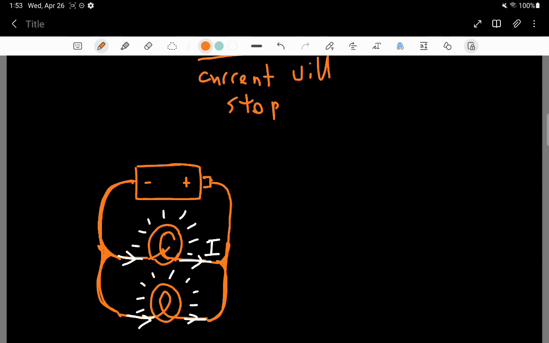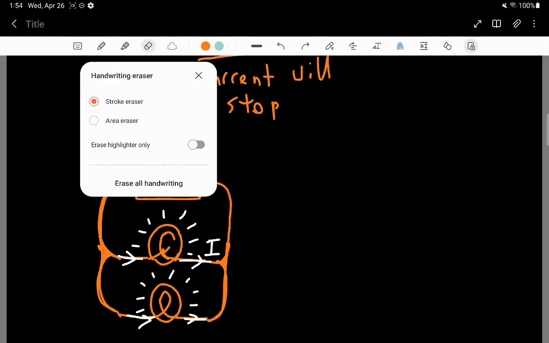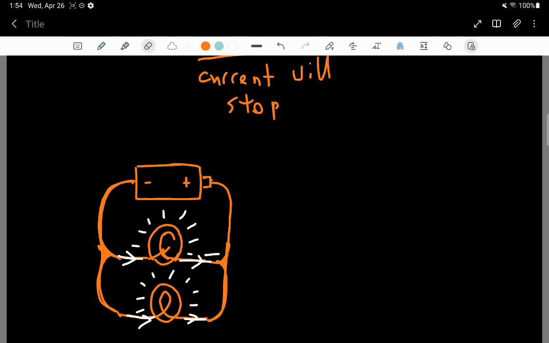So what happens is the current right here is going to shut off because this is no longer a complete circuit, right? It's not complete because of the broken filament. So that current has to go away. So let me erase it. Get rid of that current and this current. I'll get rid of so the light bulb turns off.